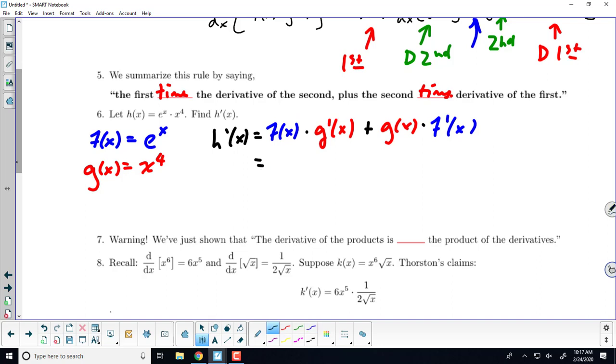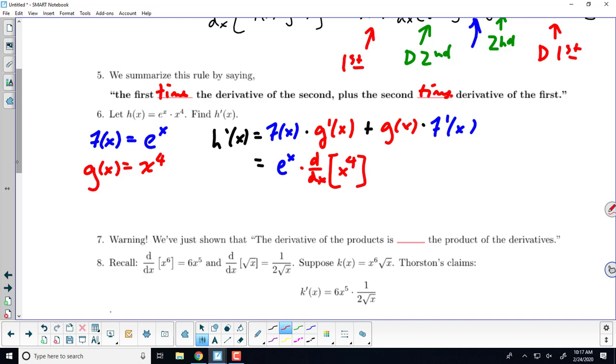We've got the first function, which was e to the x, times, and I'm gonna be a little bit pedantic here, folks, just to practice using this notation. Okay? If you don't like what I'm writing on the board right now, ask yourself, is it because you're worried about running out of pencil lead, or because you're still not completely comfortable with this notation?